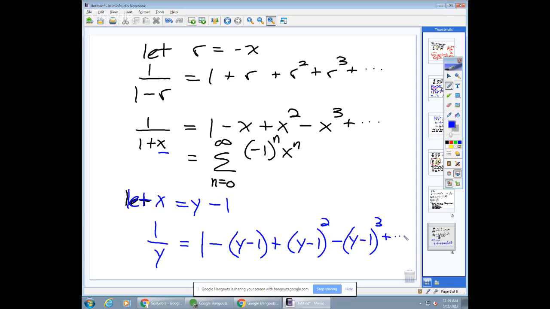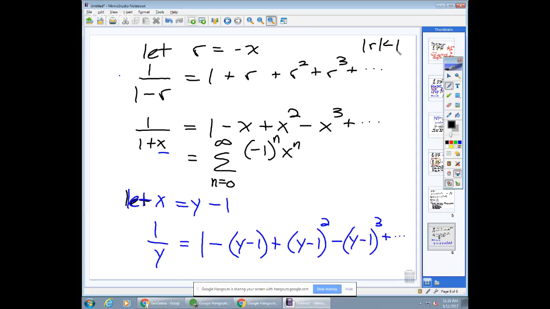Question, what was the center of my first series? Zero, yeah. It was centered at 0 and had a radius of 1. So the interval of convergence was absolute value of r is less than 1.